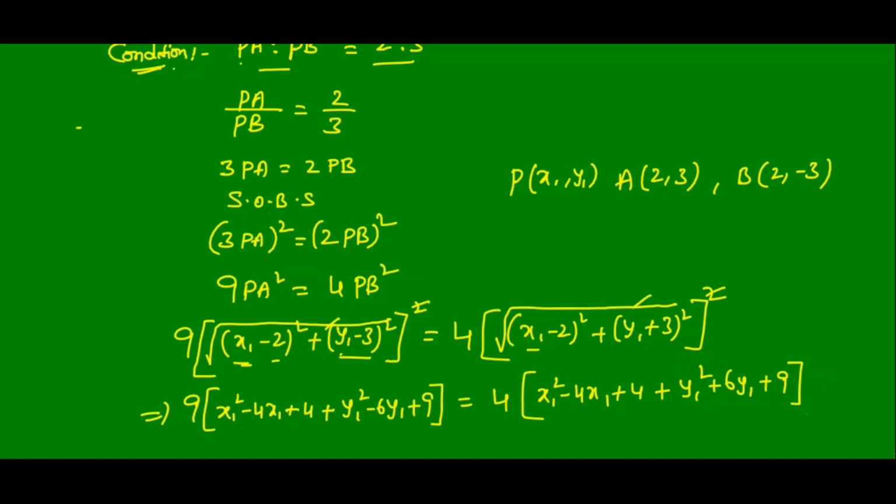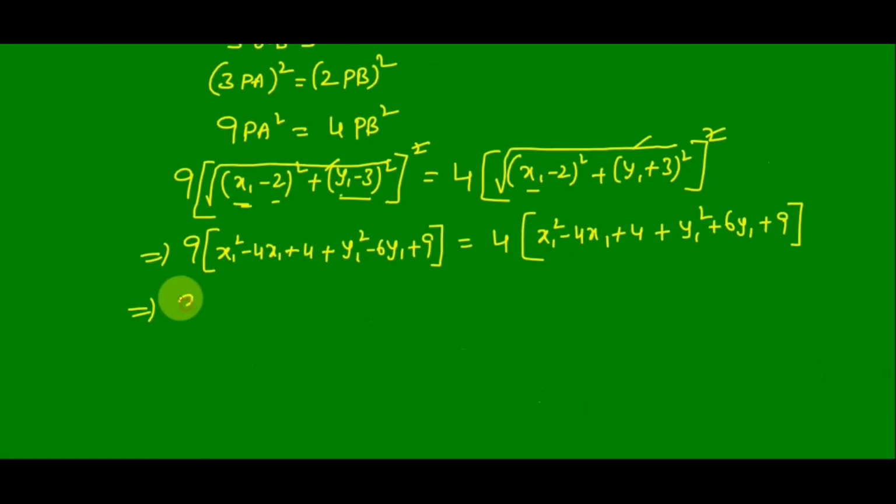Now further we'll simplify this. I'll simplify inside the bracket. I'll write this in order: x1 square first, then y1 square, then 4 minus 4 x1 terms, then y1 terms, that is minus 6y1. Now comes the constant, 4 plus 9 is plus 13.